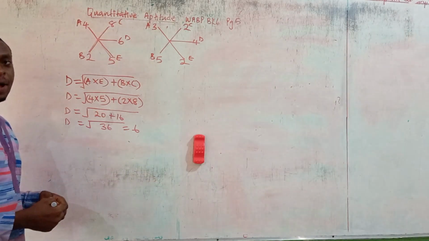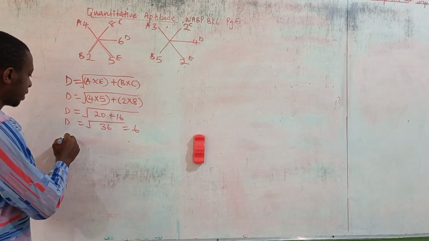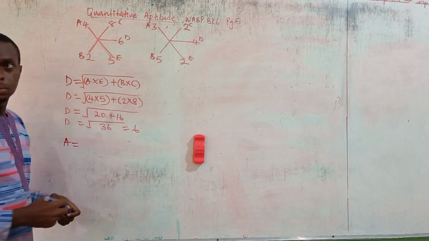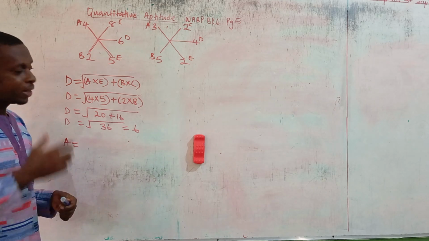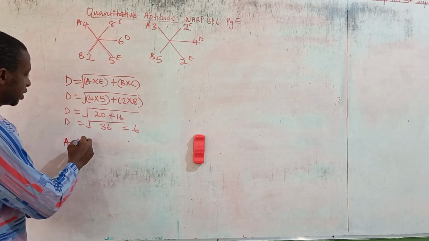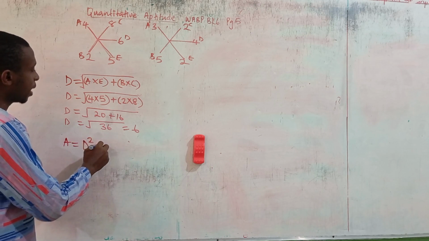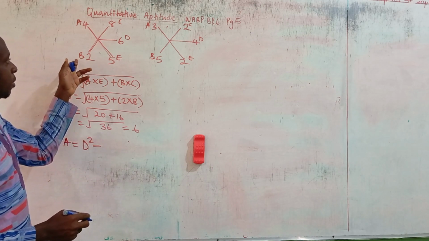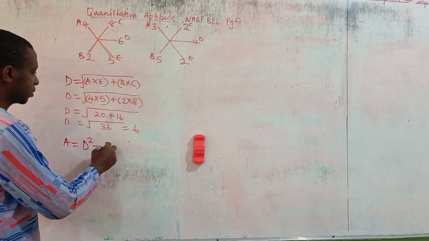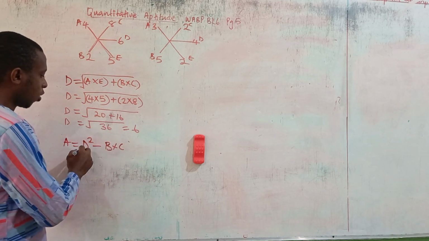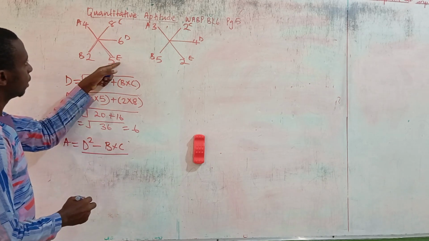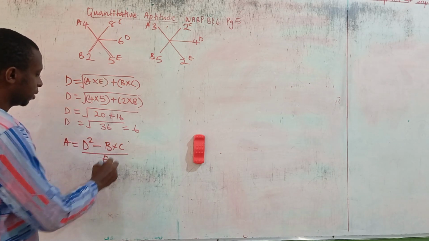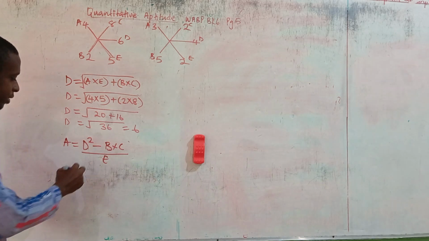Okay, so how do we find A? To find A, we're going to say D squared minus B times C all over E. And so what's our D squared? Our D squared is 6.